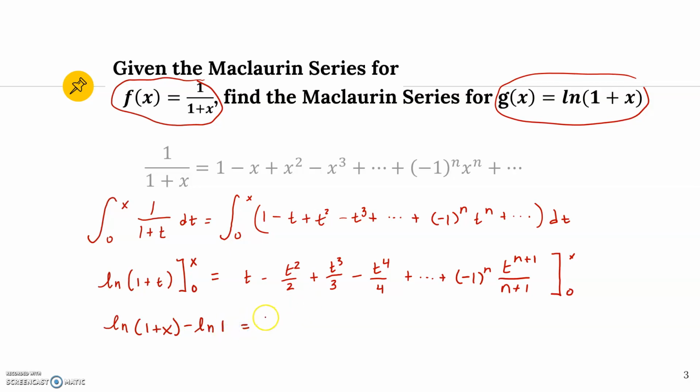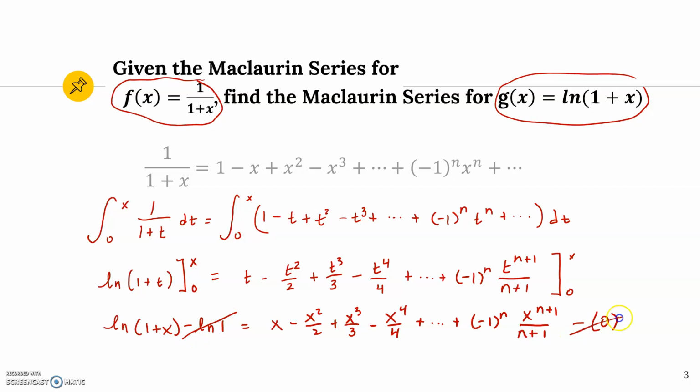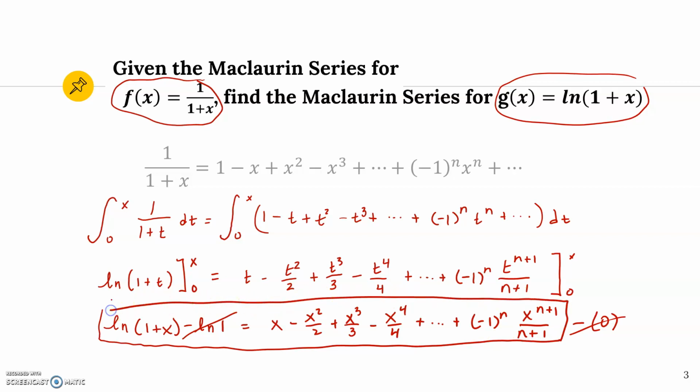And this side becomes x minus x squared over 2 plus x to the third over 3 minus x to the fourth over 4, etc. And then when I plug in 0, I just get 0. So these are both 0, and here is my power series for natural log of 1 plus x.